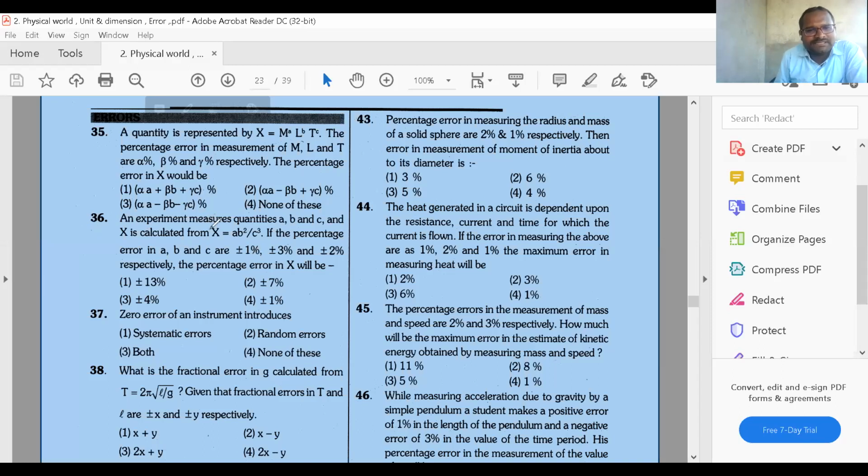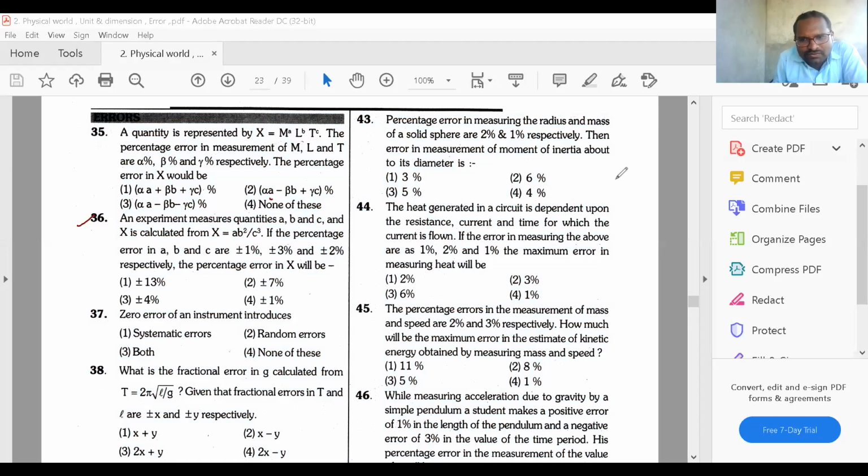An experiment measures quantities A, B, and C, and X is calculated from them as X is equal to A B square by C cube. The percentage error in A, B, and C are 1%, 3%, 2%. Then what is the percentage error in X?